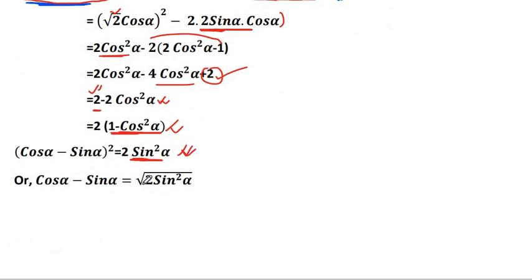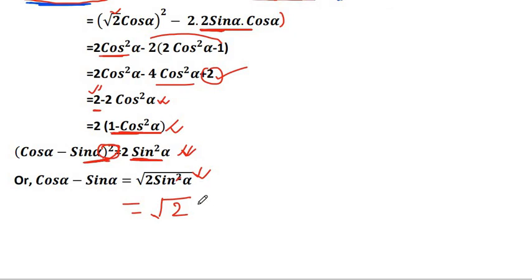So cos alpha minus sin alpha is equal to the whole root. If we eliminate this square from the left hand side, then there will be the square root on the right hand side. So I have eliminated that square from the left hand side and kept the square root on the right hand side. And you know, this 2 is not in square form, so we just write that 2 as it is, but sin square alpha is already in square form.